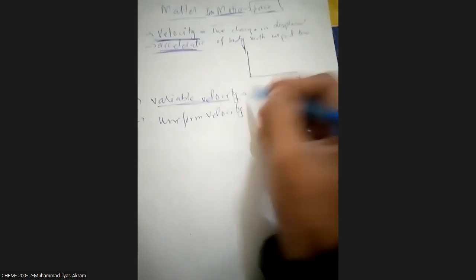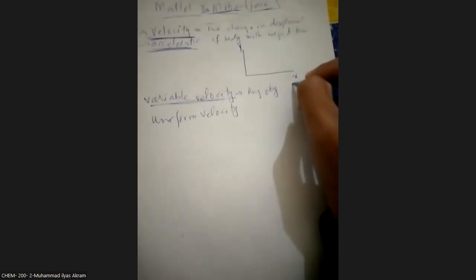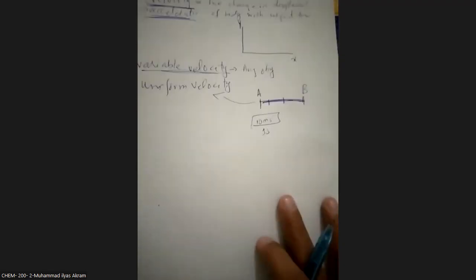So what does variable velocity mean? Variable velocity means if any body is covering a distance, so this is one position A and the other position is B. If a body is moving with 10 meters per second speed and covers a 10-meter distance in just 1 second in every patch, this will show us uniform velocity.